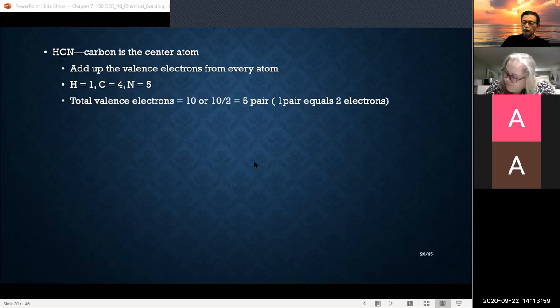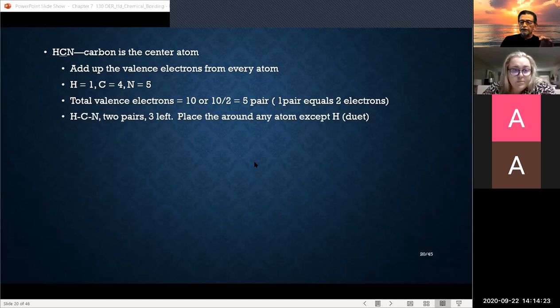So I have a total of 10 valence electrons, or 5 pairs. I just divided the 10 by 2. Remember, I always end up with an even number. If you don't have a number divisible by 2, check your valence electrons and make sure you got the right number.